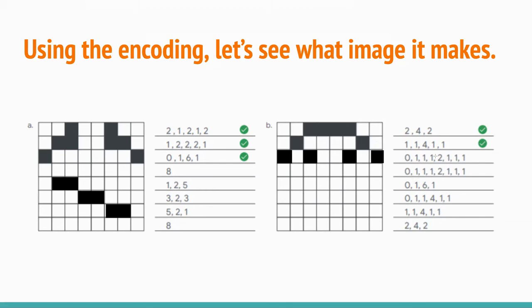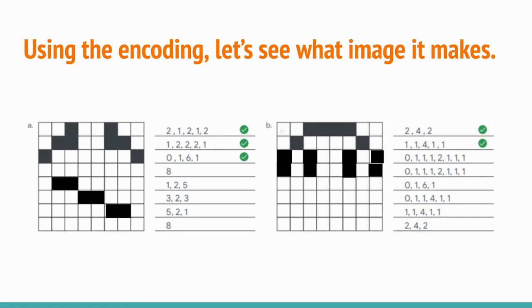This one looks like it's pretty much the exact same thing as the row above it. So again, we're going to have 0 white squares at the beginning. Then we're going to have 1 black square, 1 white square, 1 black square, 2 white squares, 1 black square, 1 white square, and lastly, another black square.